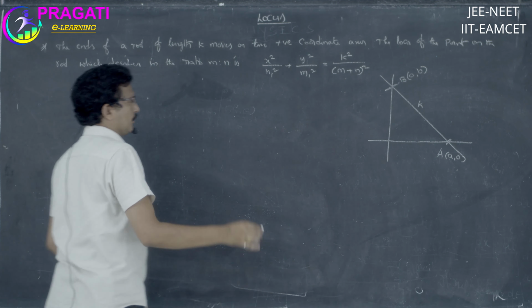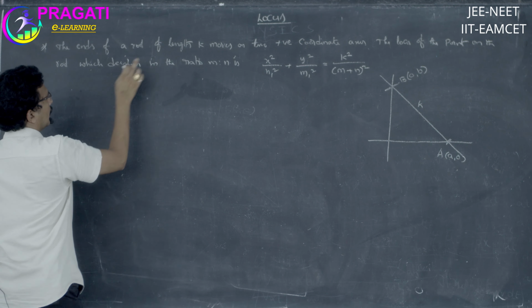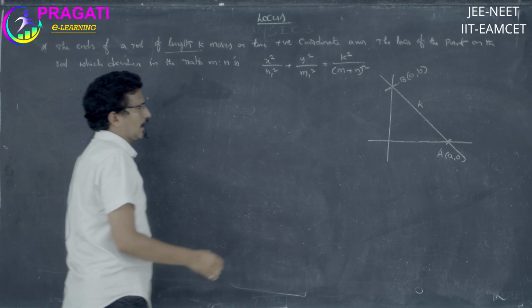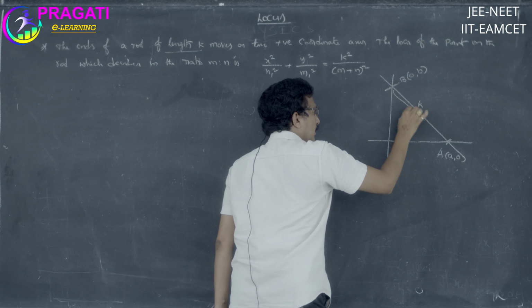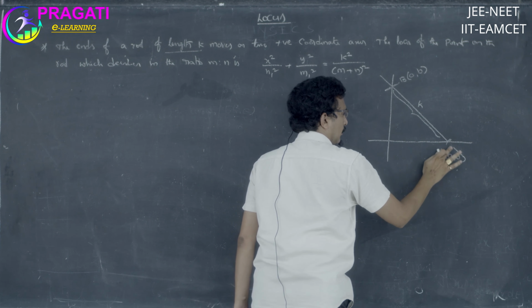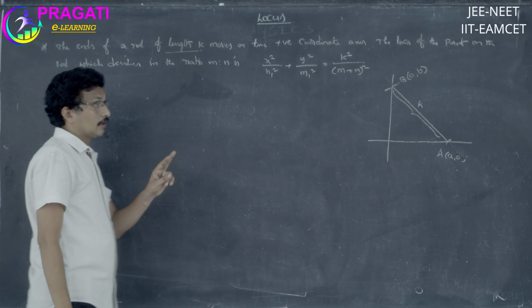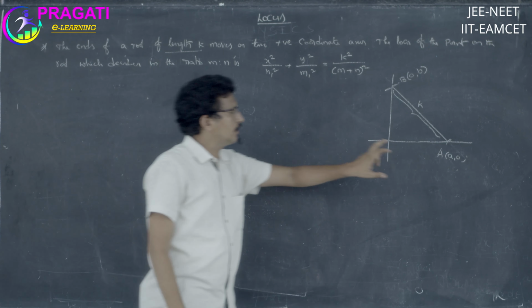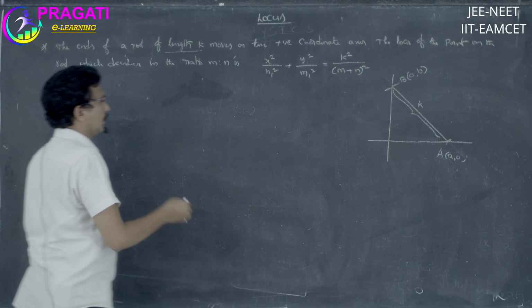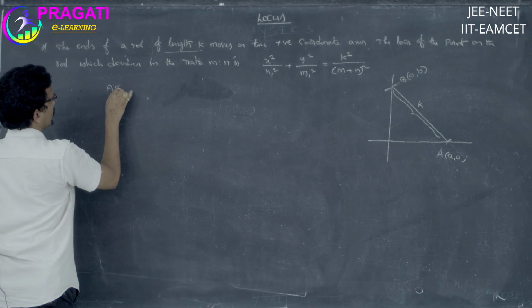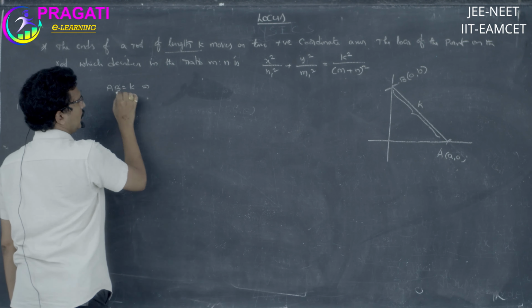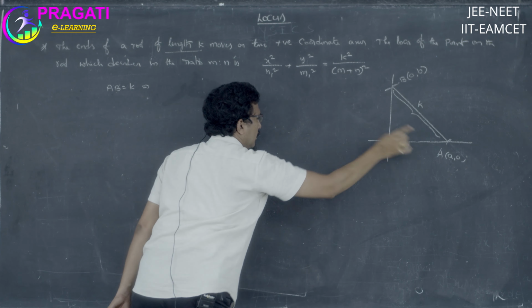First of all, we observe that the length is k. Students, length means a distance. Distance between these two points is, here AB is equal to k. What is the meaning of AB, distance between these two points?